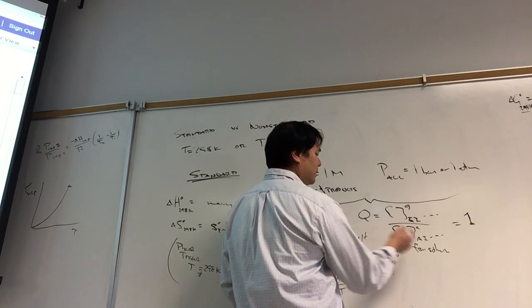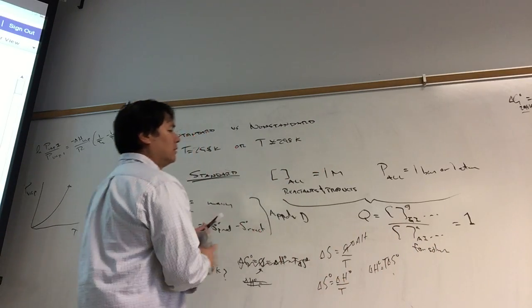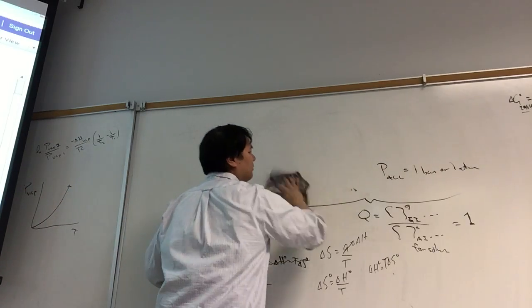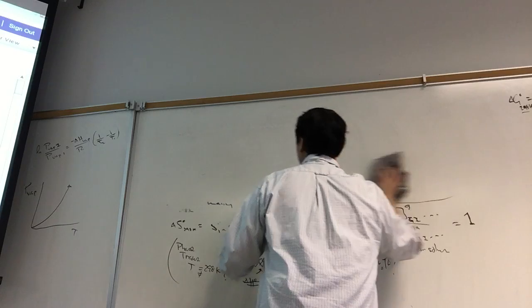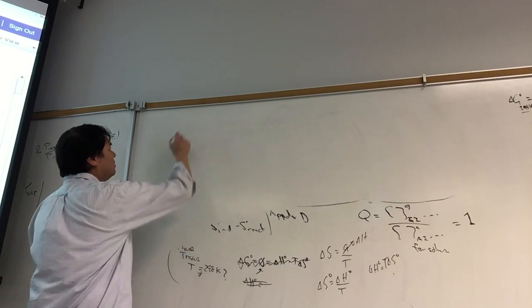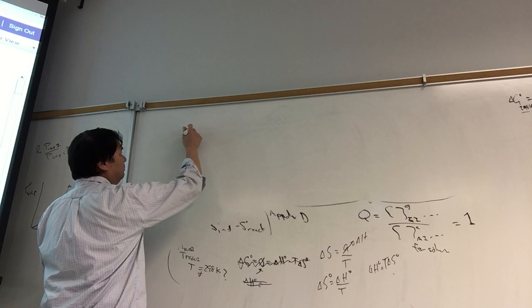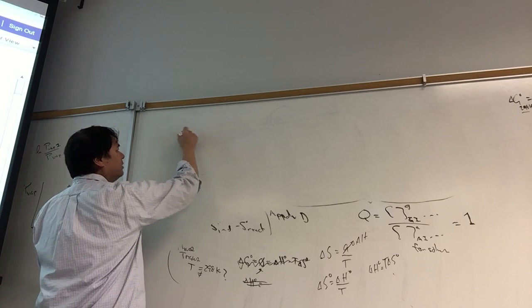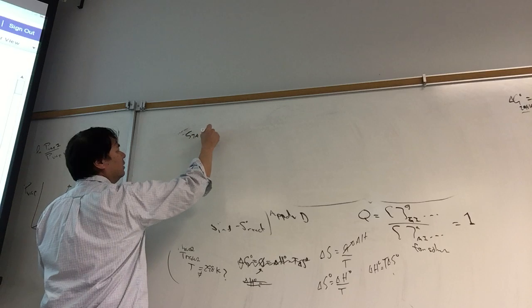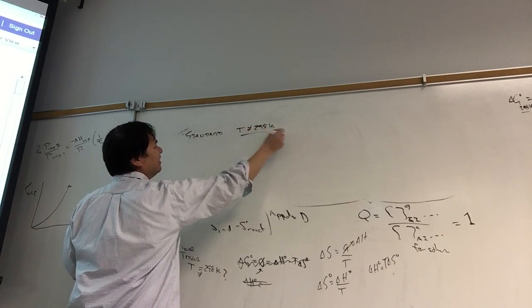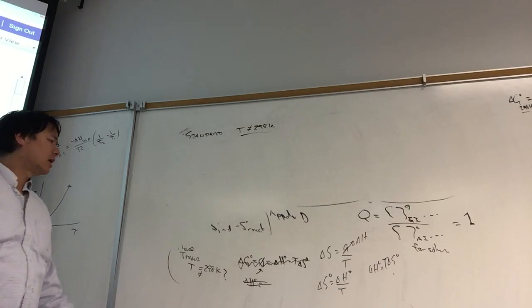For gases, it's, I should do it the other way. Let me talk about Q in more detail now because we're going to go to non-standard conditions. Oh, actually, before I do that, let's do delta G. We're doing standard conditions with a temperature not equal to 298 Kelvin.